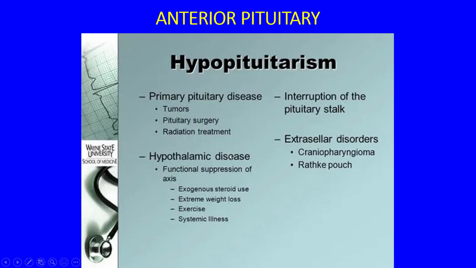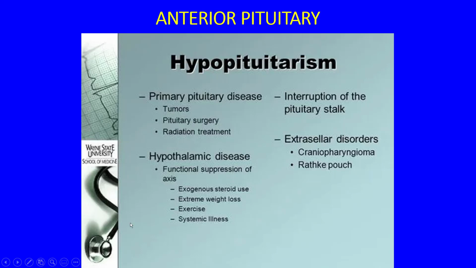And what we have in certain cases with hypothalamic disease can include such things as exogenous steroid use, extreme weight loss, exercise, or systemic illness.